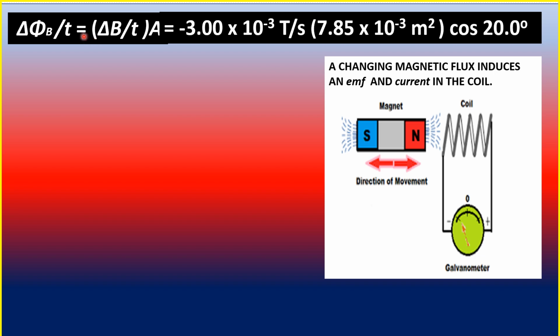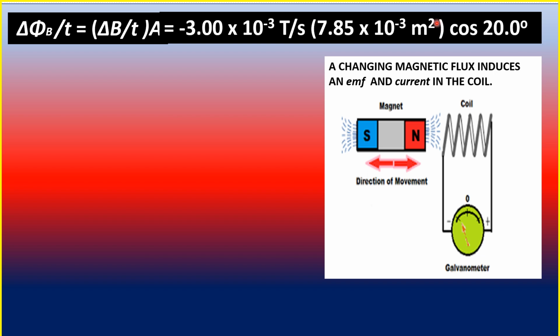That is delta B over t. We call it the rate of change in the magnetic field. And then we have calculated earlier the magnitude of the area vector, which is 7.85 times 10 to the negative 3 meters squared.